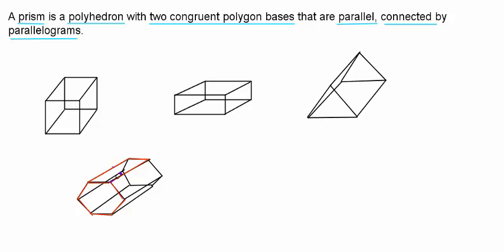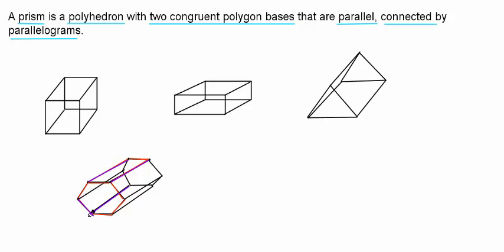The edges are the straight lines where two faces meet. So this is one edge, this is another one, this is another one, and so is this, and so on. And then the vertices are the corner points on the prism.